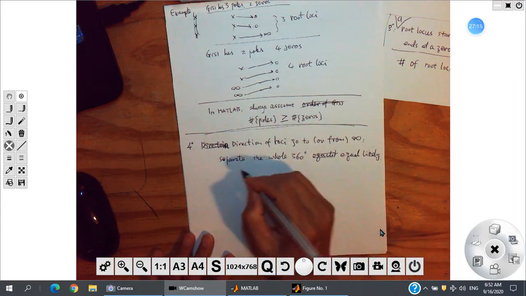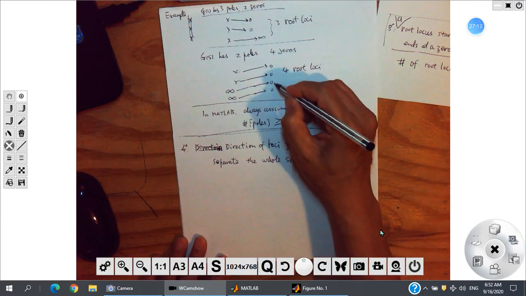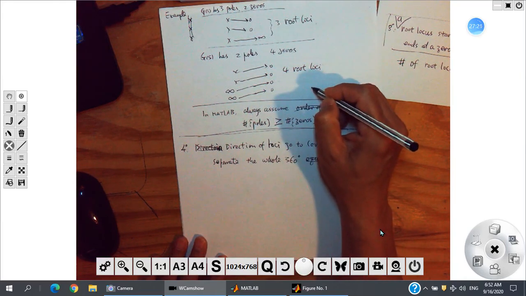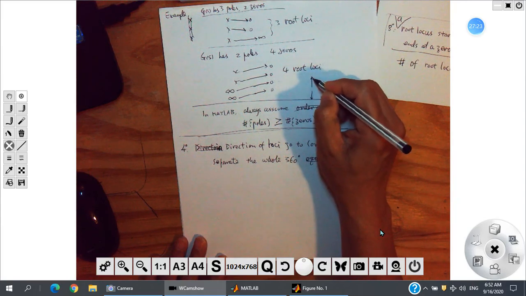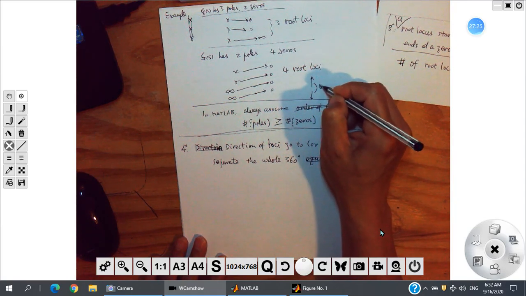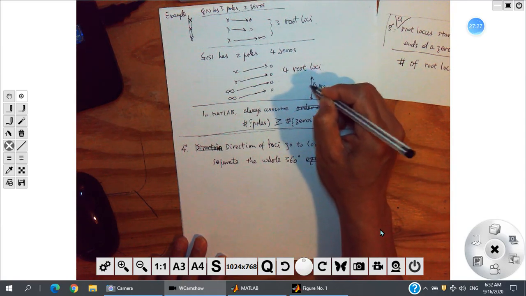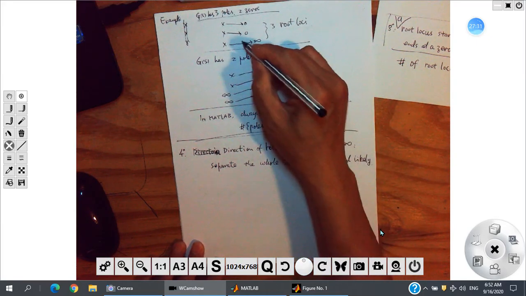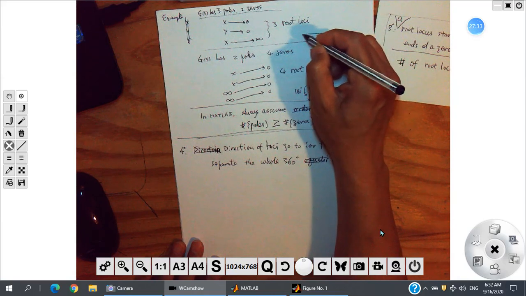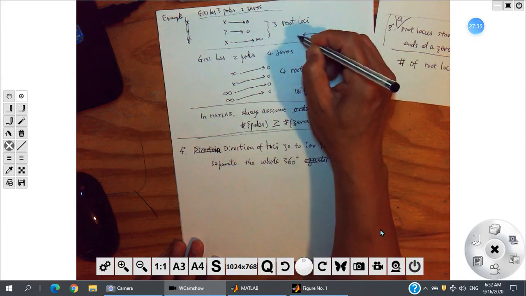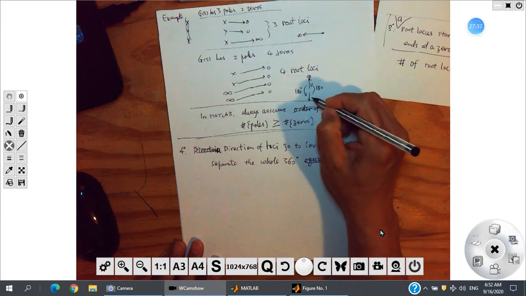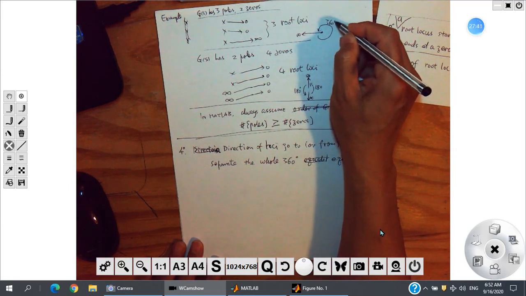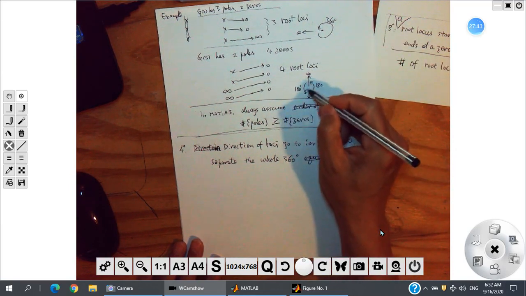So like this one, we have 2 branches going to infinity. Here is 180 degrees, and this is another 180 degrees, half and half. This one we only have 1, going to infinity this way. Okay, this goes to infinity, this goes to infinity. There will be 360 degrees, and this one will go up like this.